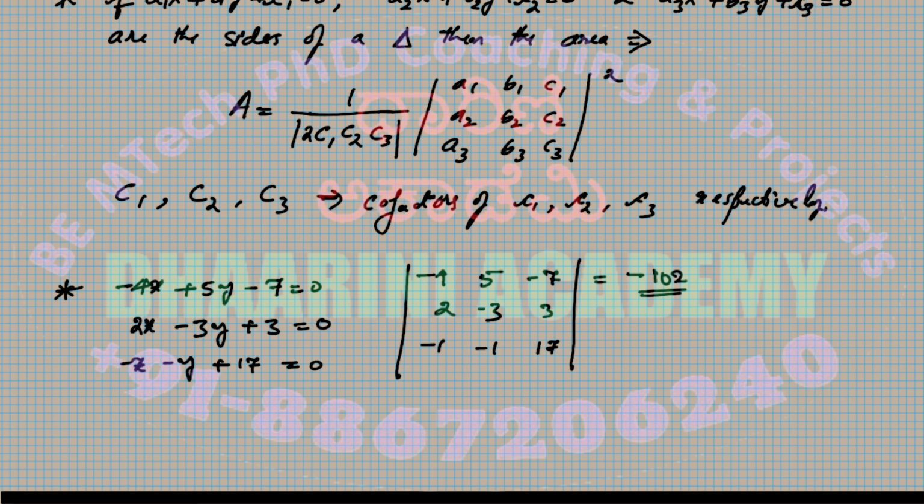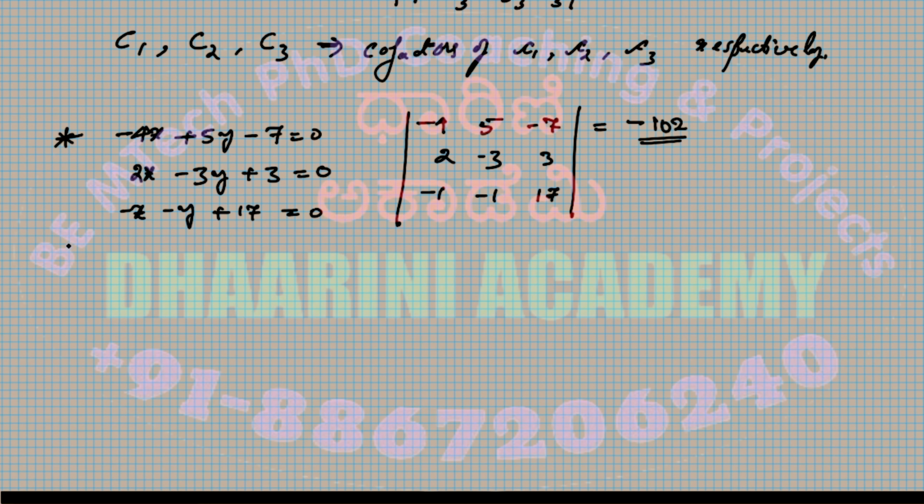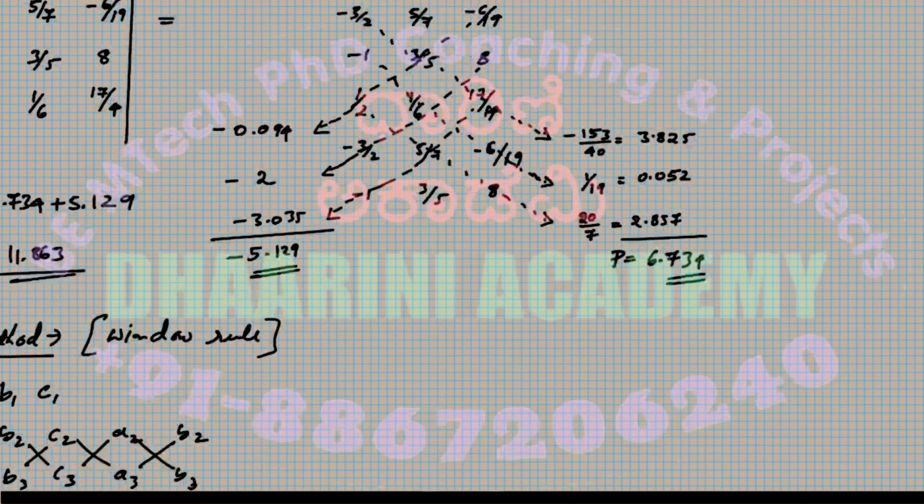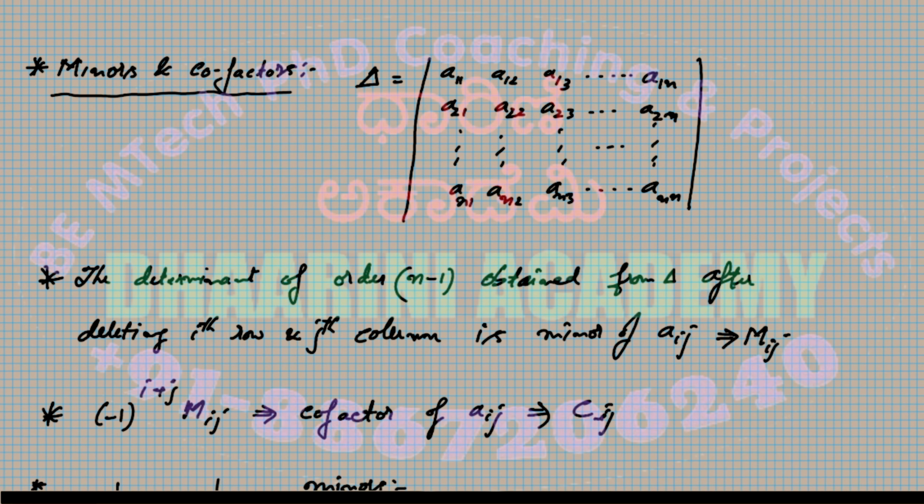Now we need the cofactors, specifically C1, C2, and C3, right? So from this determinant itself, we can write the cofactors. Cofactor of minus 7. How do you find this? I calculate the cofactor as minus 1 to the power i plus j, multiplied with the minor of that particular point.